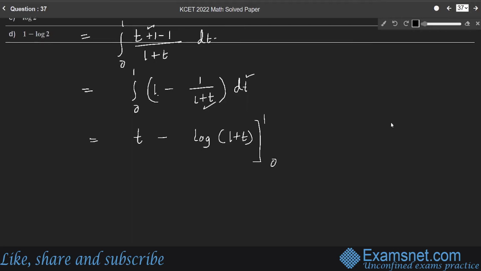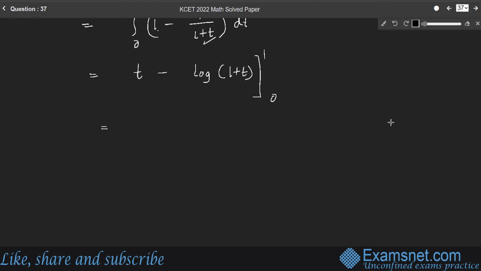Now, substitute the values of t. First consider t as 1. So it becomes 1 minus log of 1 plus 1, this is the first part. Now substitute the value of t as 0, the lower limit.